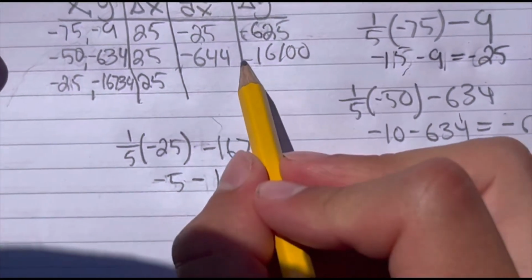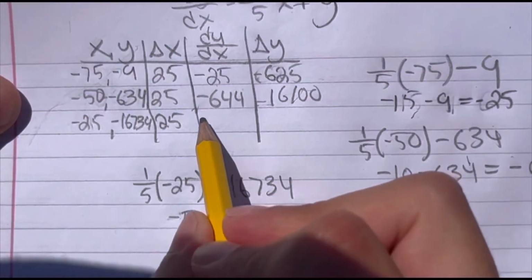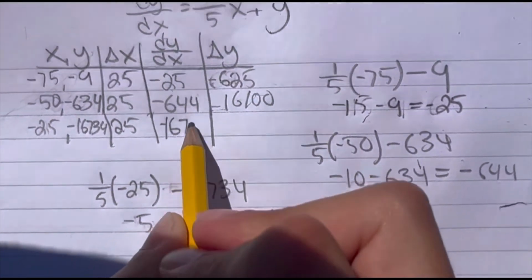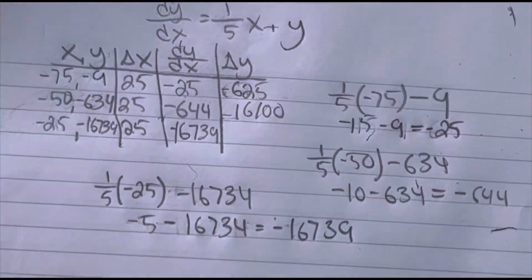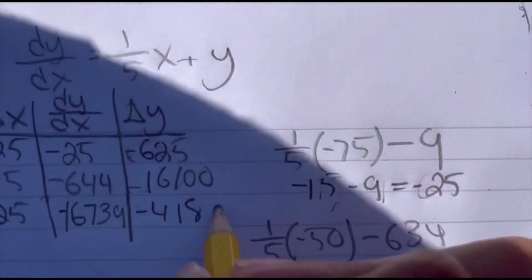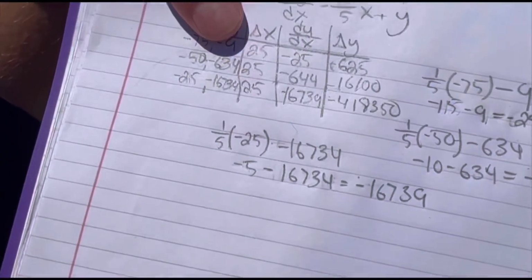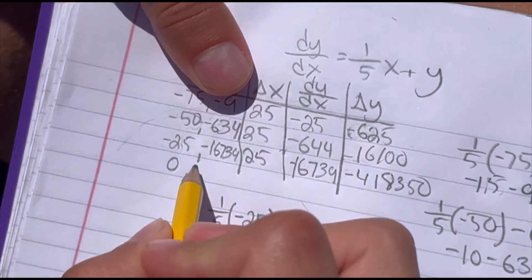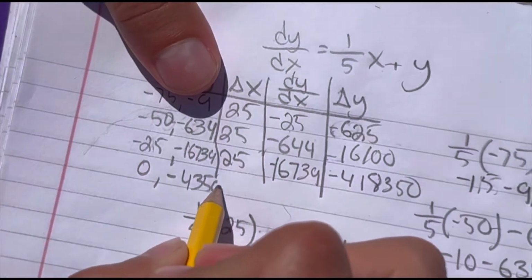Alright, this is going to be a new value right here. And then we multiply these two values. This is going to equal negative 418,350. And the box asks for the approximation of f of 0, which is going to equal 0 and then negative 435,084.